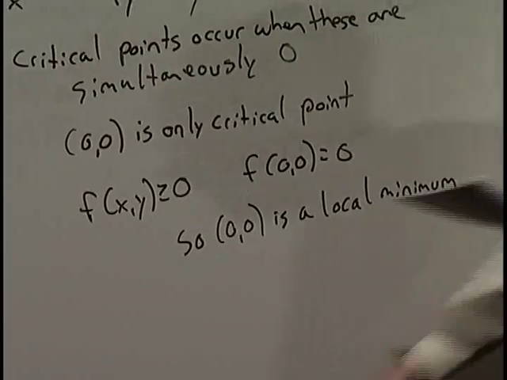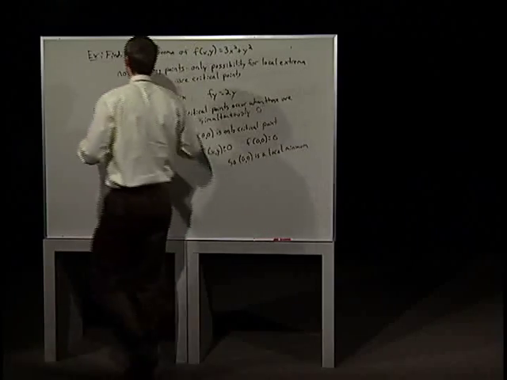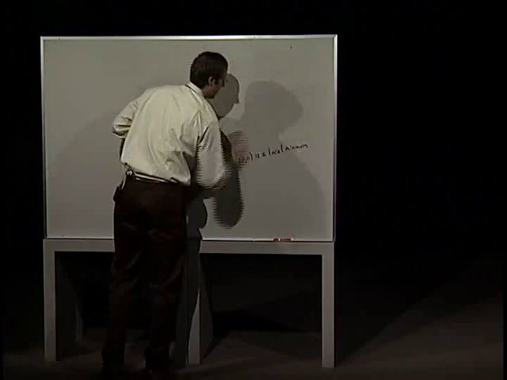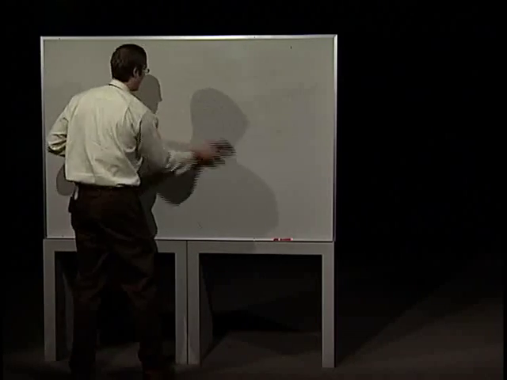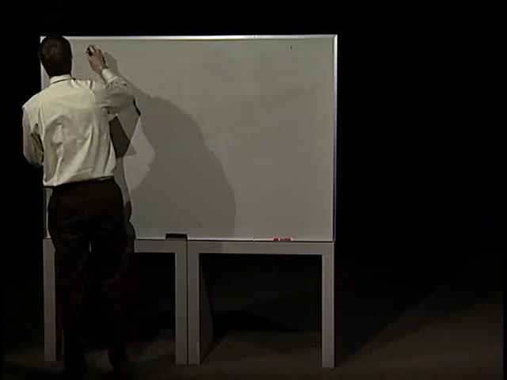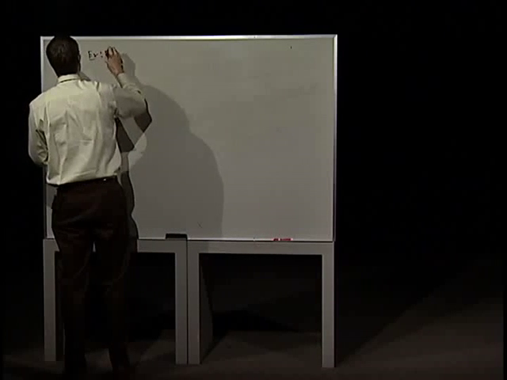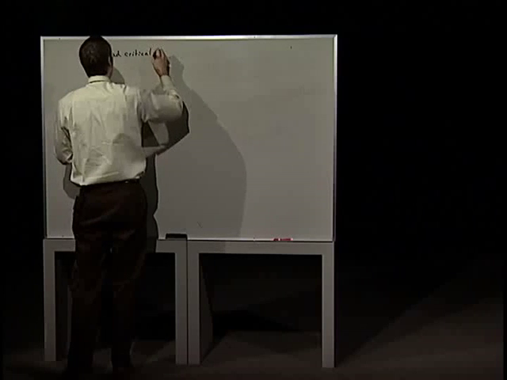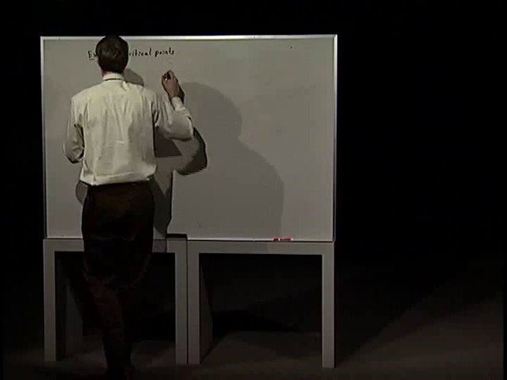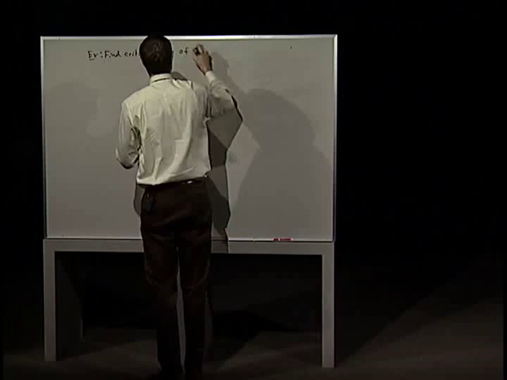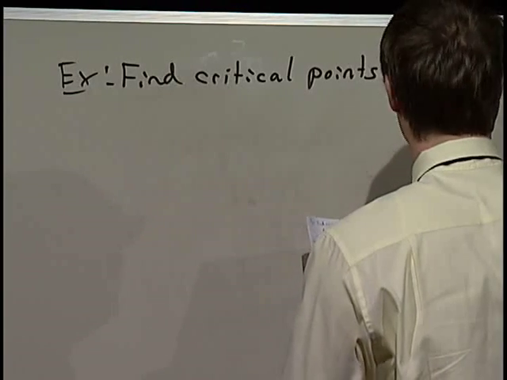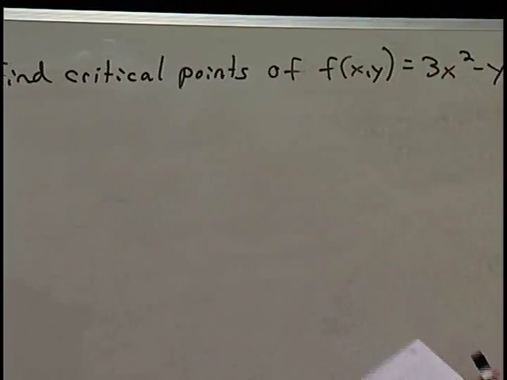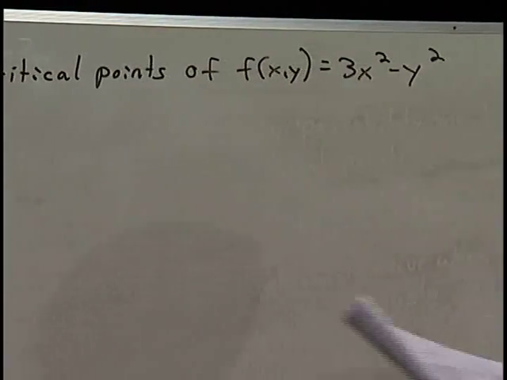Okay, now, let's try another one here. Let's find the critical points of f(x,y) equals 3x squared minus y squared.